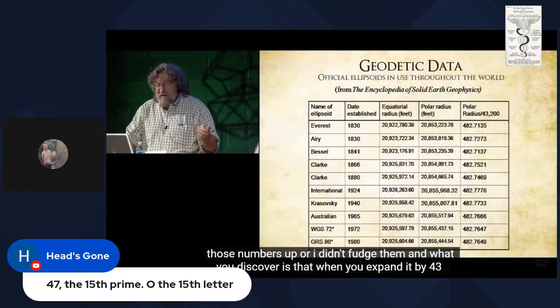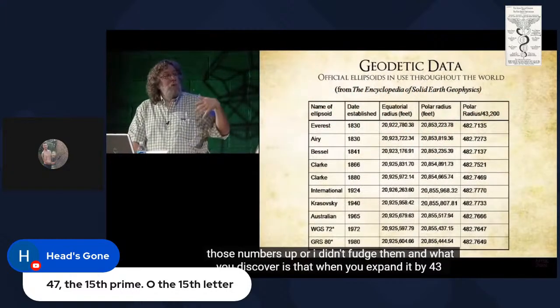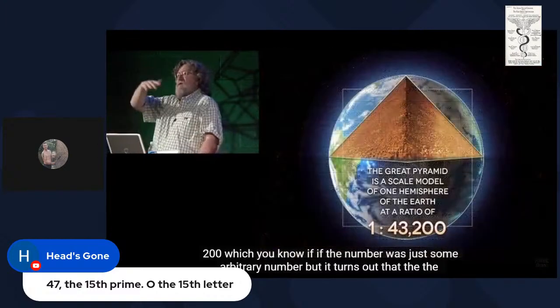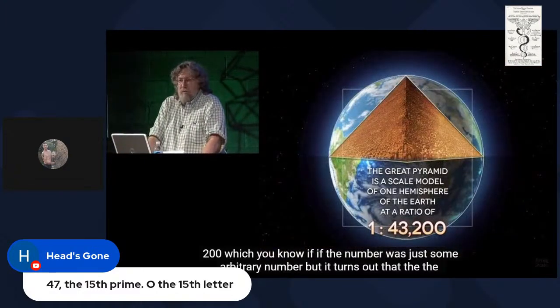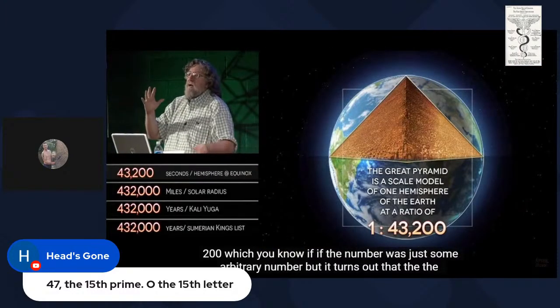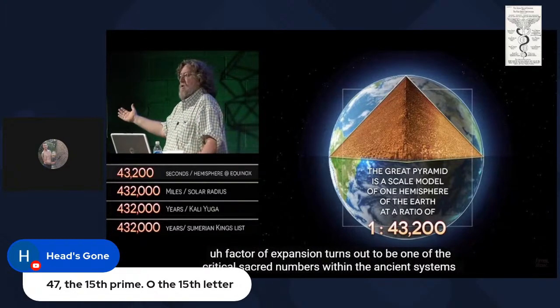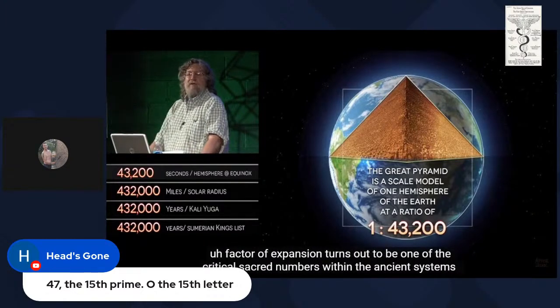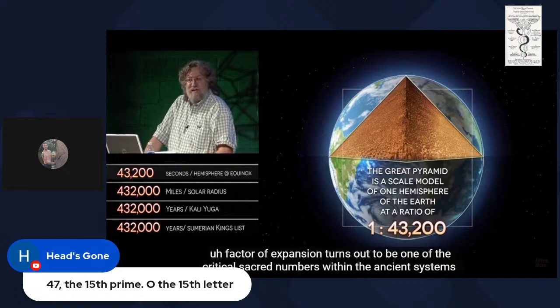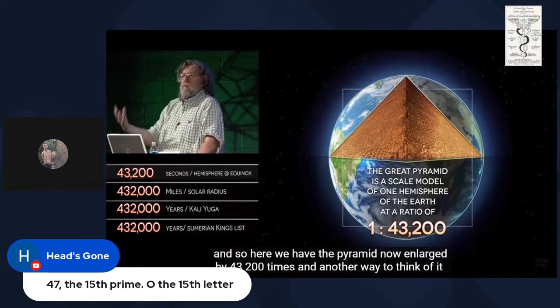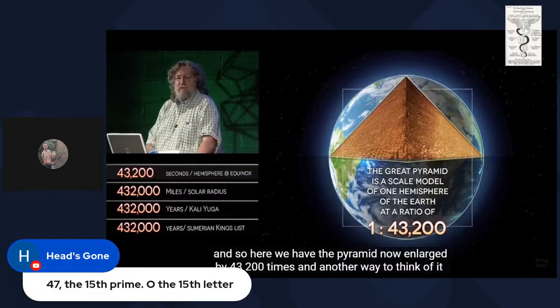And what you discover is that when you expand it by 43,200, which, if it was just some arbitrary number, but it turns out that the factor of expansion is one of the critical sacred numbers within the ancient systems. And so here we have the pyramid now enlarged by 43,200 times.